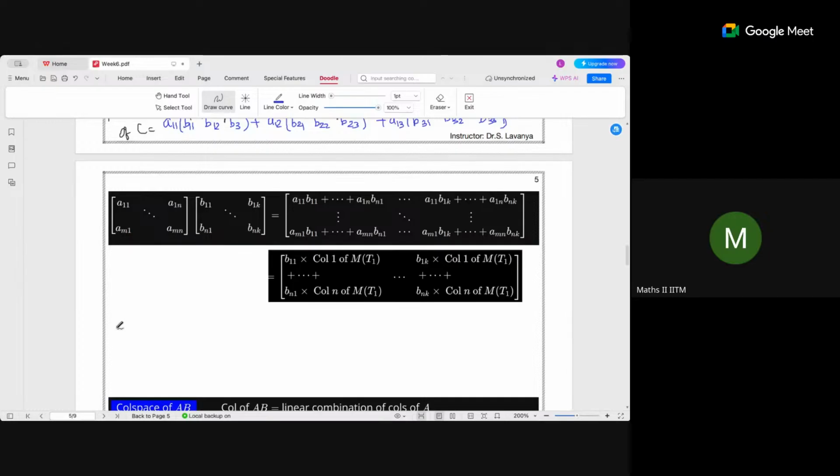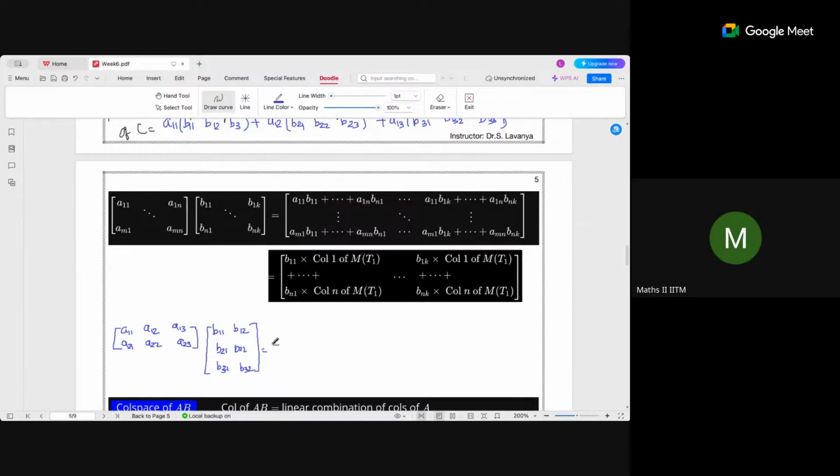So 2 rows with 3 columns. So A11, A12, A13, A21, A22, A23, and then here B11, B12, B21, B22, B31, B32.